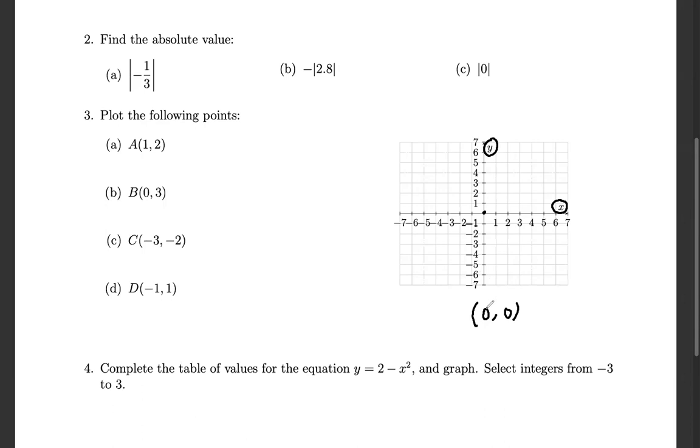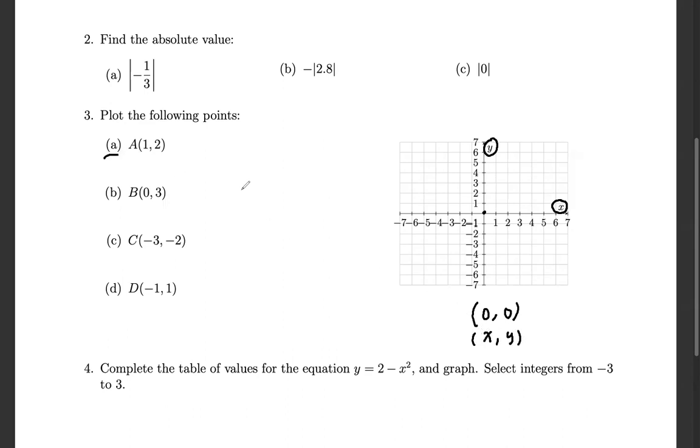The first 0 is for the x value. So towards the right-hand side, positive, for the left-hand side, negative. And the second 0 is for the y value, right? From top to the up, positive value, down, negative value. So basically the first member is x, the second member is y.